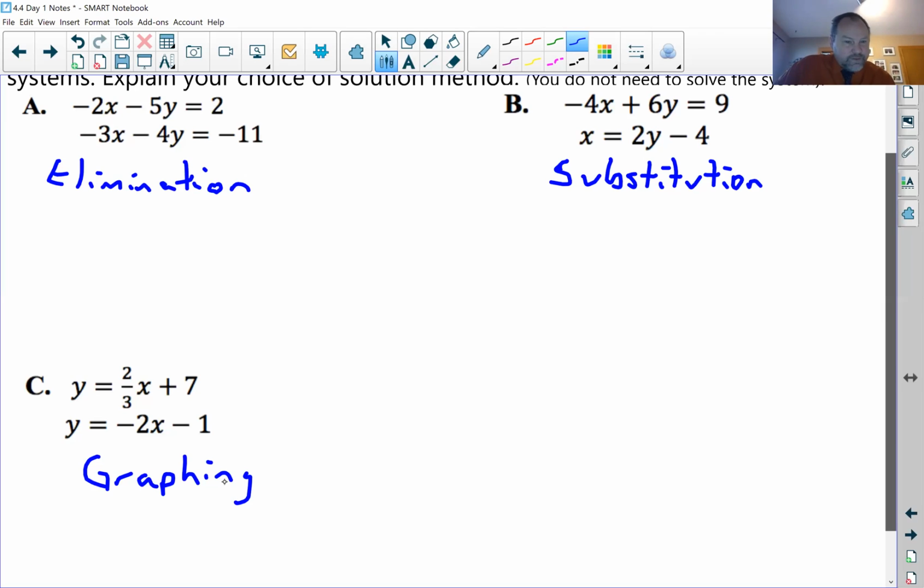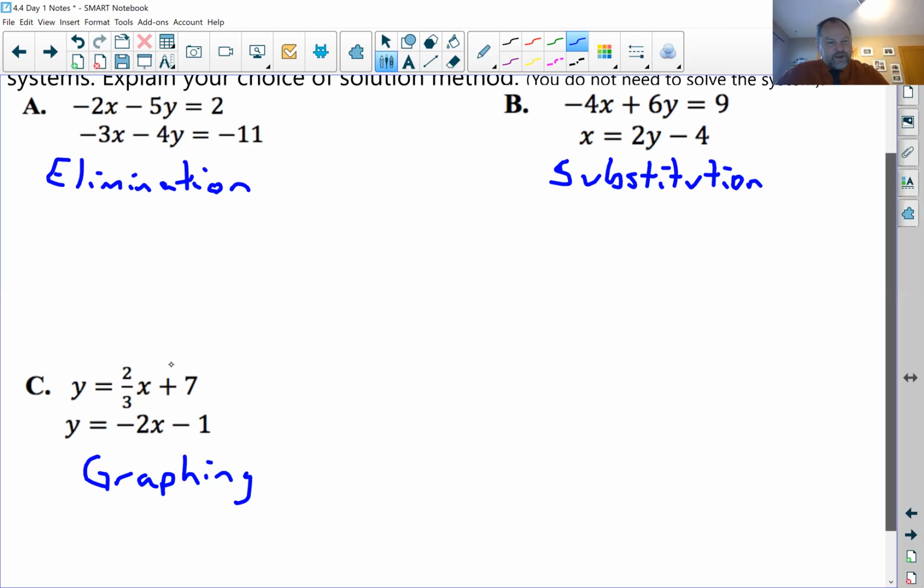The other method that received votes was elimination. And yes, again, you could use elimination. Actually, if you did elimination, you'd end up with 0 equals, and then everything else would be on the right side of the equal sign, which is fine.